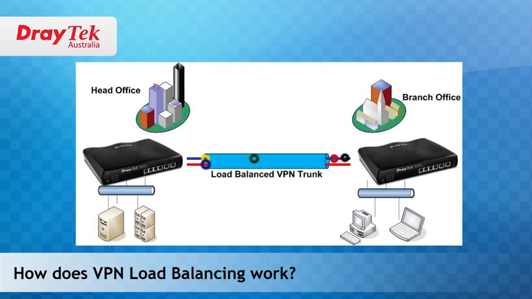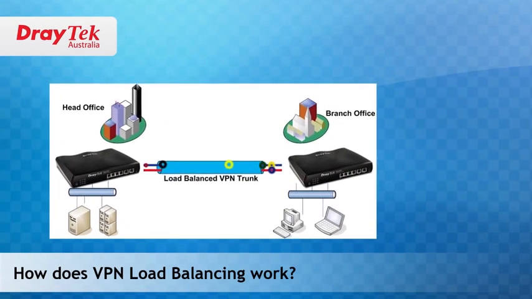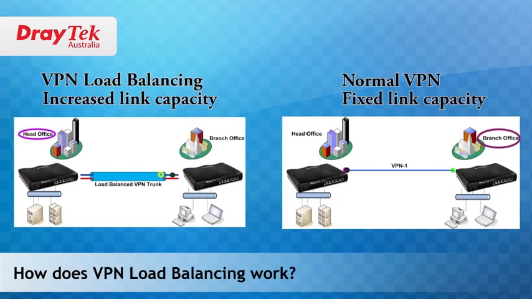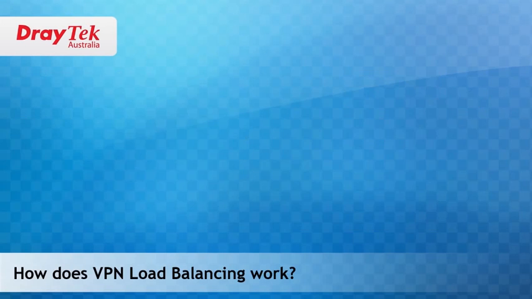This is a very useful feature for those wanting higher speeds for inter-office data flow, especially when the current network speed is limited by a slow ADSL connection. For example, a VPN load balance connection can be established between head office and the remote office over two ADSL or 3G links, effectively doubling the link capacity between the two sites.